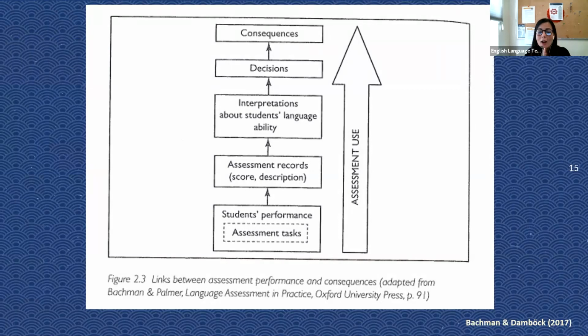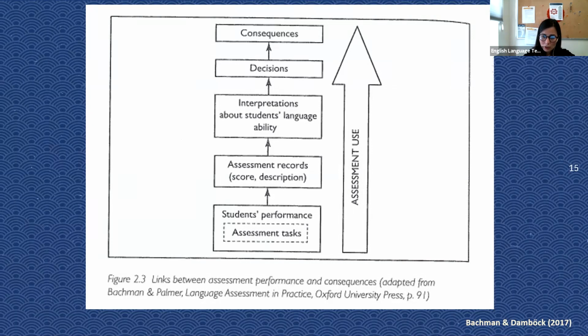So we have to think how important it is when we are creating our tasks, or items, but also when we are evaluating, for example, a task that comes with a textbook or a task that was given to us, right? And why is that?